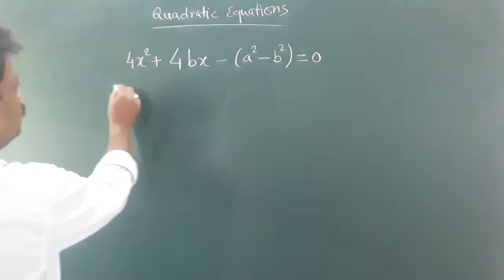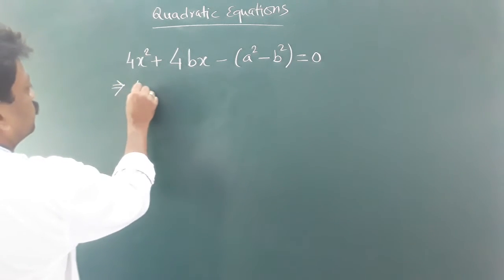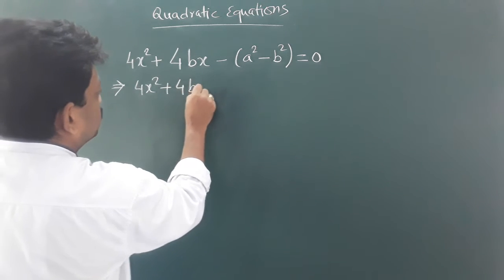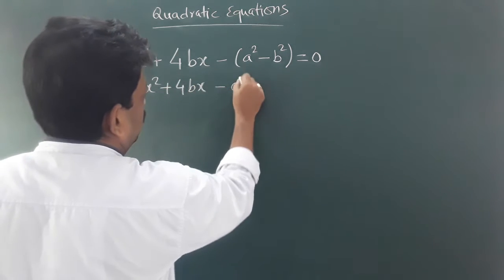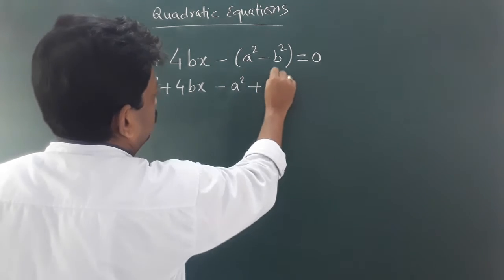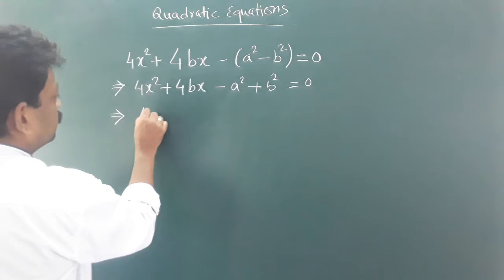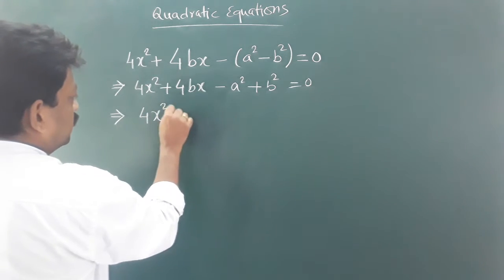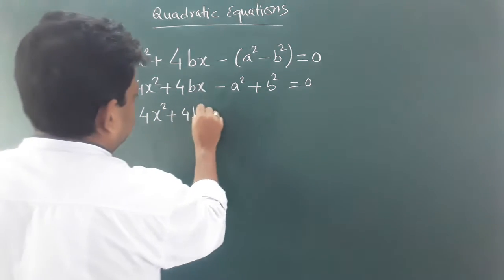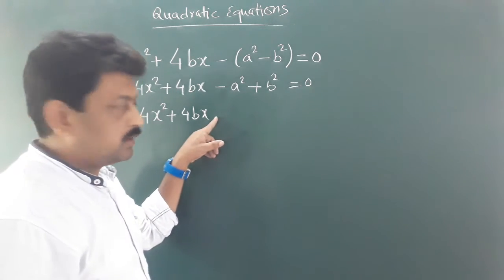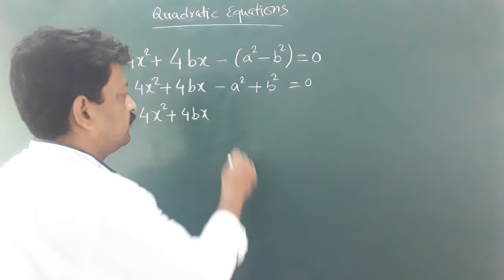4x square plus 4bx minus a square plus b square equals to 0. Or we can write 4x square plus 4bx plus b square, I am writing on this side, and a square will be written after.